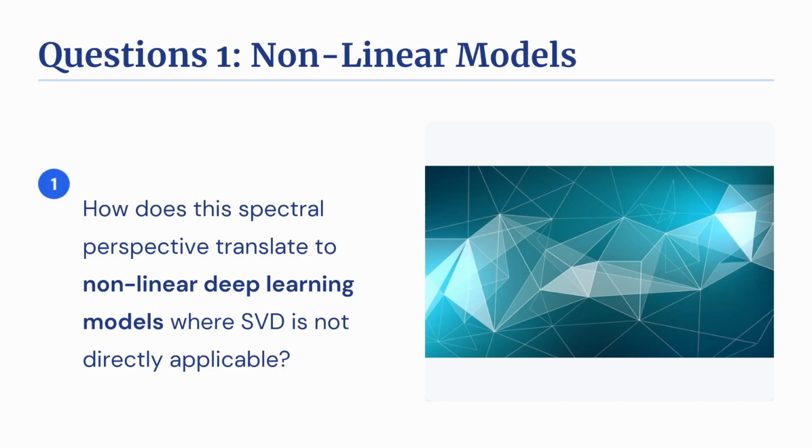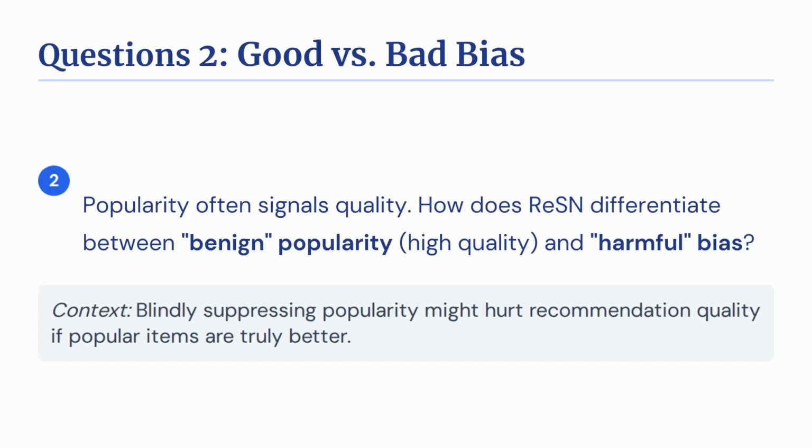The first is, this spectral theory is based on linear decomposition. How can it be applied to nonlinear deep models where SVD cannot be directly performed? The second is, popularity sometimes signals high quality.